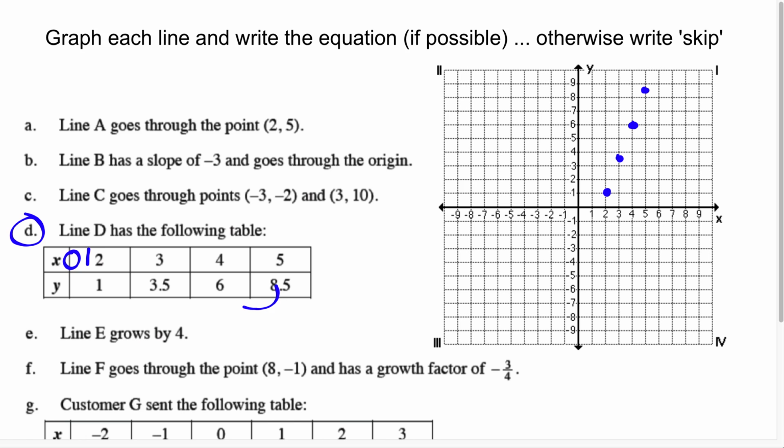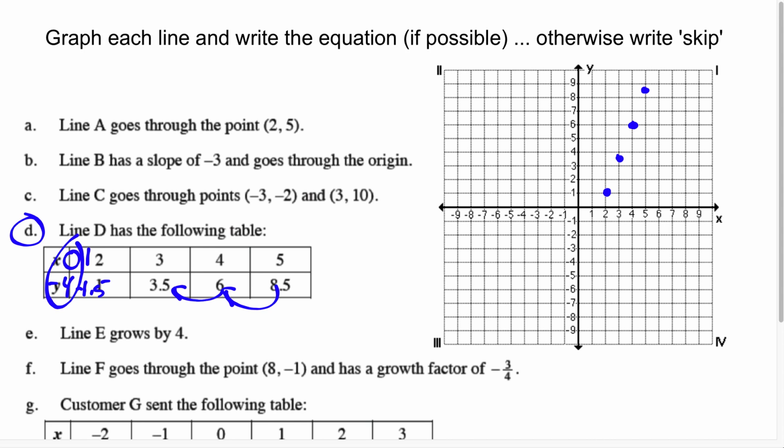So as I go along this way, I'm subtracting 2.5 each time. So to finish this table, we'd subtract 2.5, which, what is that? -1.5 for 1, and -4 for 0.